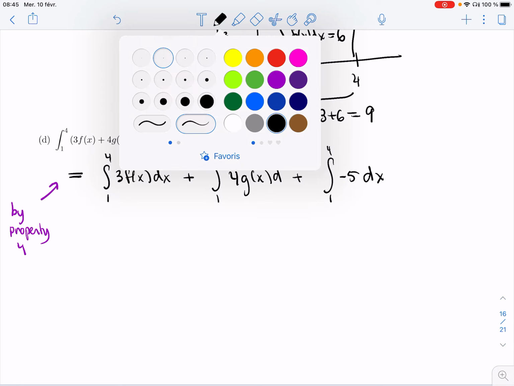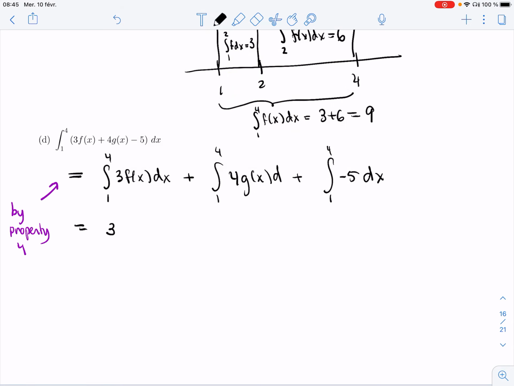And then I'm going to pull the constants out. So I get 3 times the integral from 1 to 4. I get 4 times the integral from 1 to 4. Oh, x disappeared. And here, I have just a constant. So I'm going to use the base times height formula.